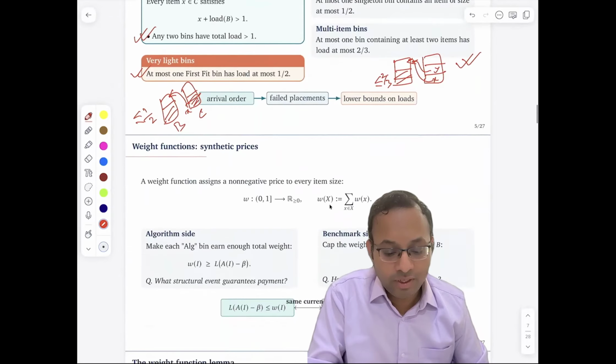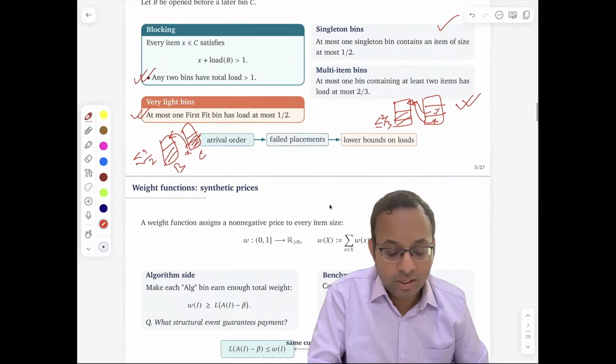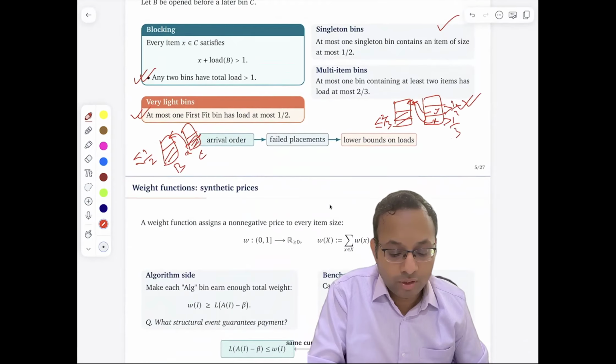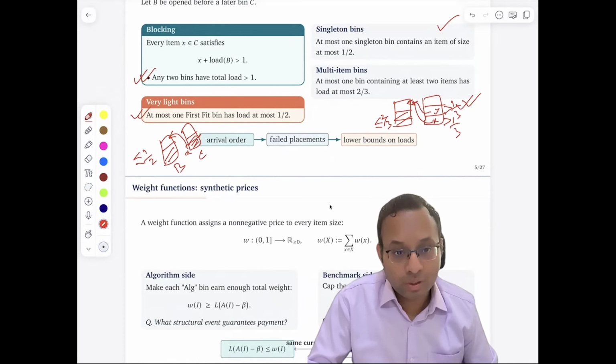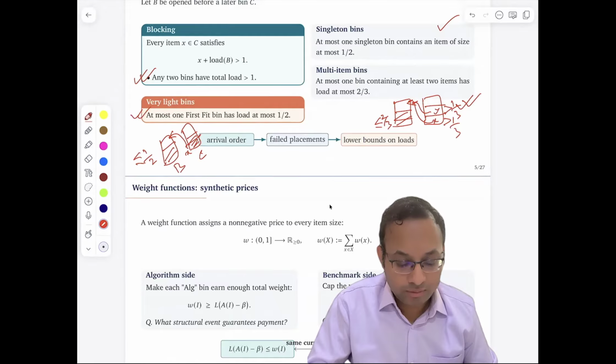Now, the load of this bin is less than or equal to 2/3. That means both X is strictly more than 1/3 and Y is strictly more than 1/3. That's why we were not able to place it. That means the total load of X and Y is at least 2/3. So at most one bin will have load less than or equal to 2/3. And these 4 properties we'll use later in the analysis.